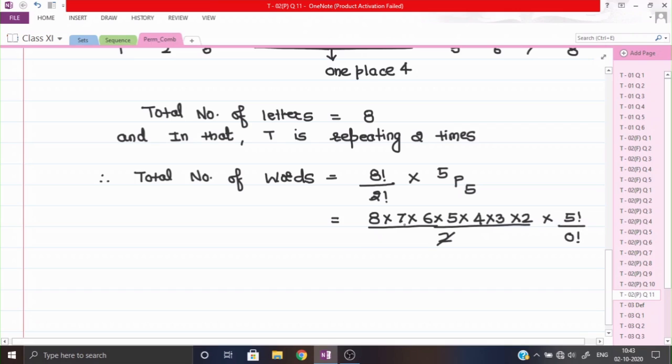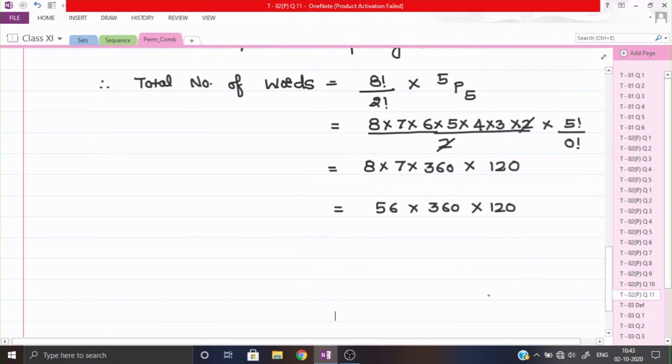Now this 2 and this 2 we can cancel, so it will remain 8 into 7 into 6. 6 into 5 is 30, 30 into 4 is 120, 120 into 3 is 360. So it will remain 360, and factorial 5 is 120, factorial 0 is 1. So finally we need to multiply 56 into 360 into 120. That multiplication we can do afterwards, or I will solve it at the last.